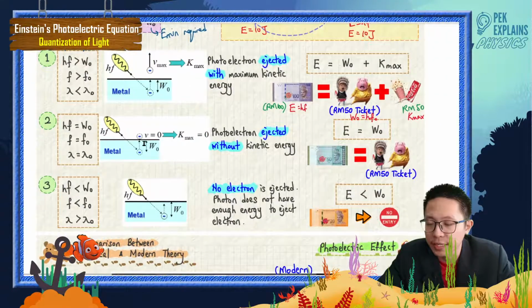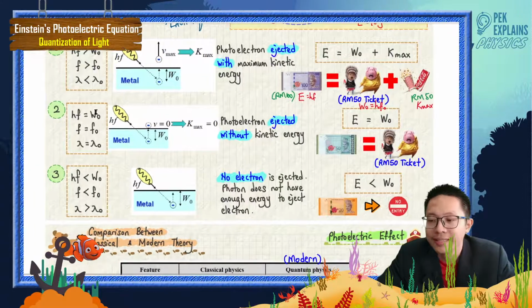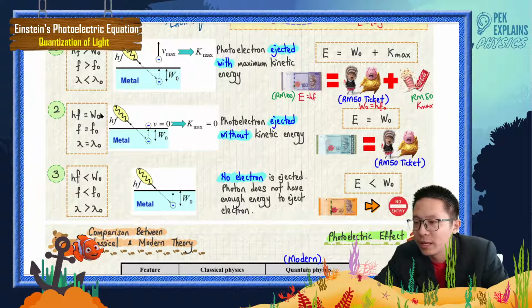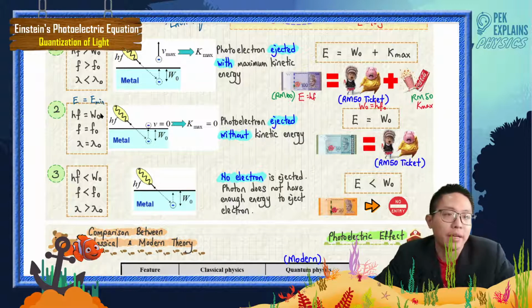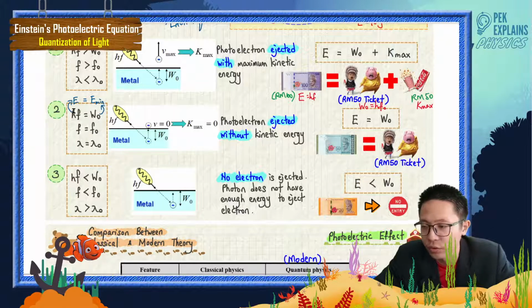For the second case, if the incident photon energy is just enough to overcome the work function, let's say the incident energy hf is just equal to the minimum energy required. This minimum energy is the work function. hf is the incident photon energy.